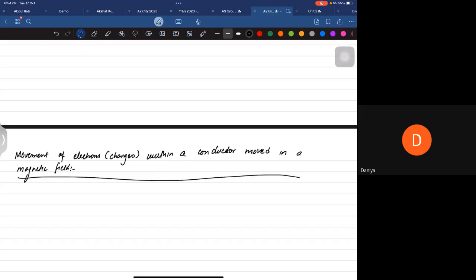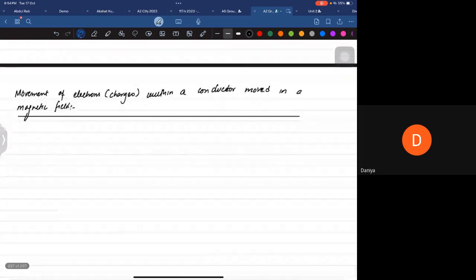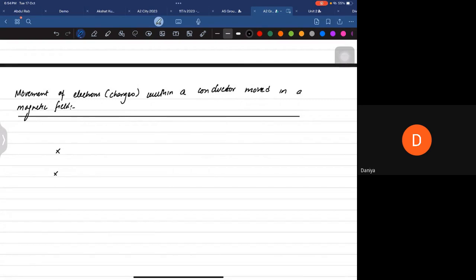So we're looking at a magnetic field which is infinitely large and uniform, like that. It's also perpendicular to a conductor like that.